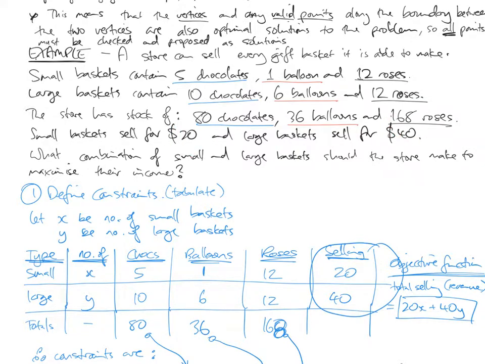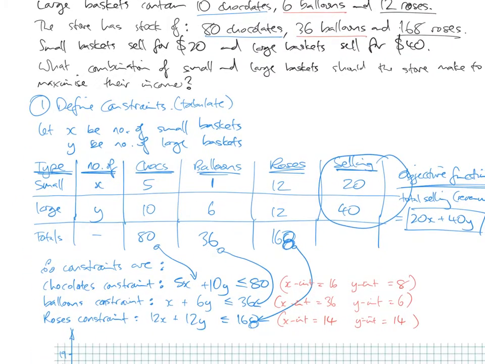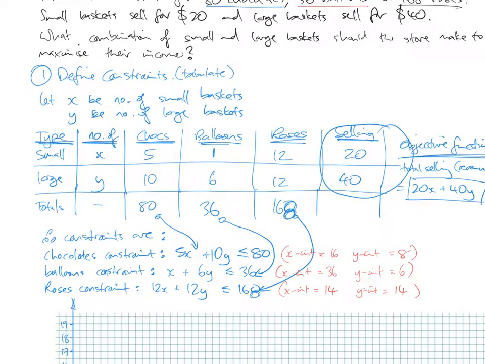In the previous video, the little extra one for linear optimization, we had the little steps that I defined for you. Step 1 was define the constraints and draw them very accurately. Often it's good to tabulate. So I'll let x be the number of small baskets because the question is asking me how many baskets. We'll let those define what our variables are going to be. X is number small, y is number large, and I've tabulated this information.